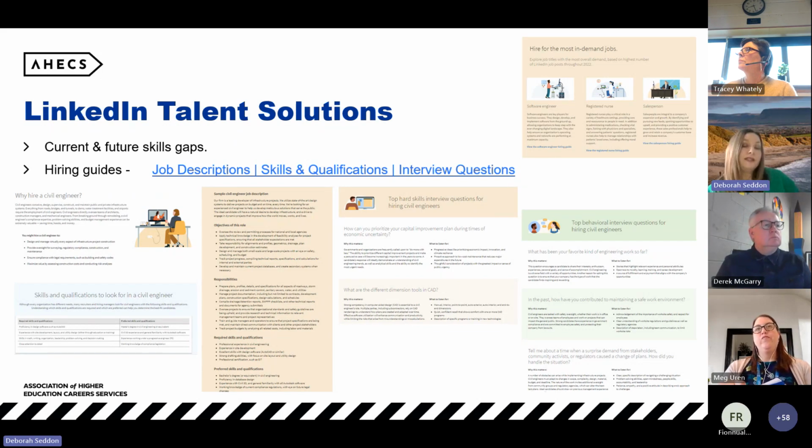And for those who are at the stage of applying for interview, they can go into the specific job description, and it actually gives suggested interview questions, both in terms of the hard skills, and the behavioural and more generic questions attached. I thought that was particularly useful, and like I say, that might be something you all want to have a look at if you haven't seen it before.